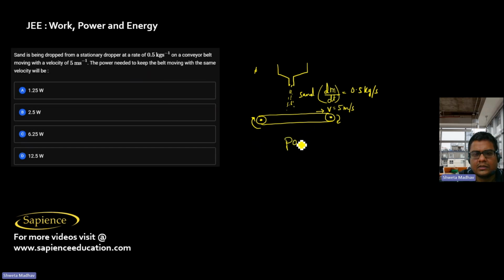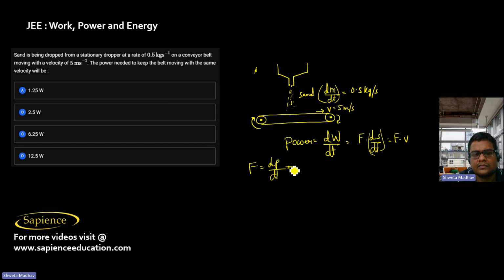So we know that power equals dw by dt, where w is the work done. So work done is force into displacement. So power is F into ds by dt, which is v. So it is F dot v. So here the force required, we know that force is equal to dp by dt.